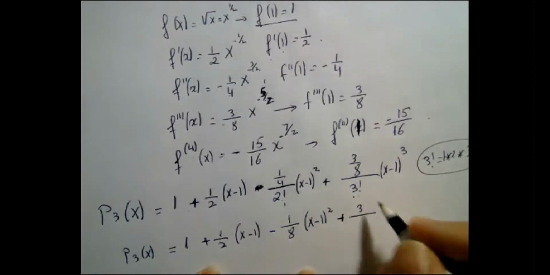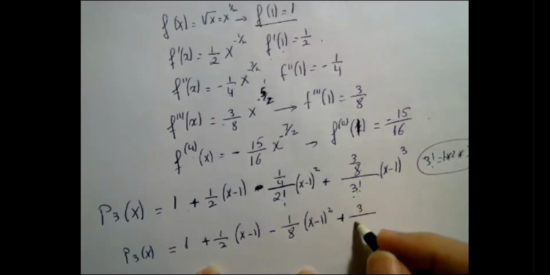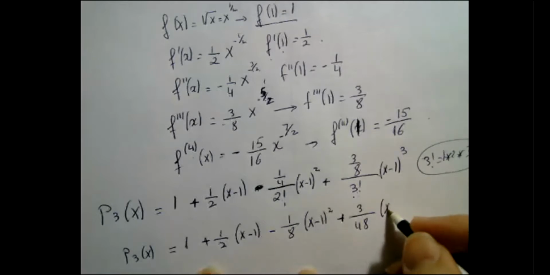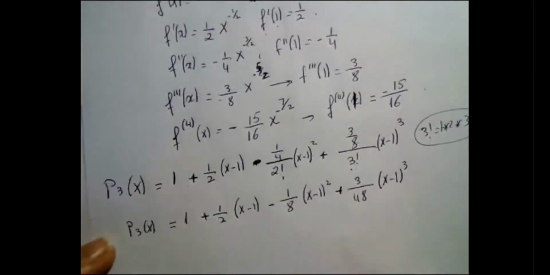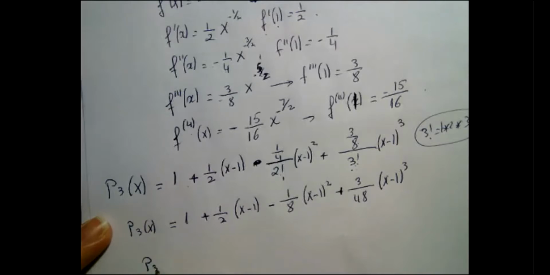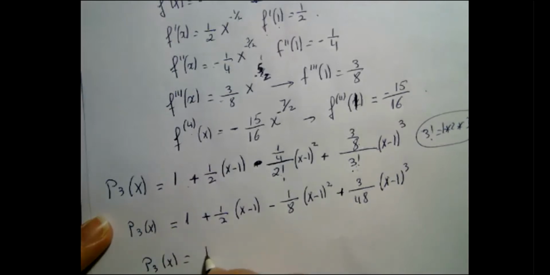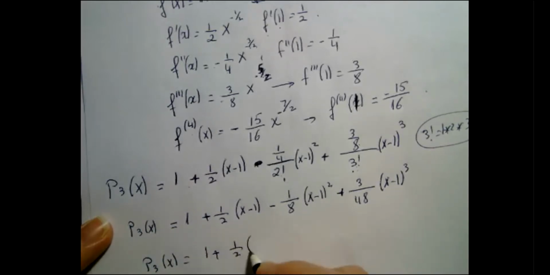I will have 3 over 8 times 6, which is 48, (x minus 1) to the power 3. Okay, so finally, P3, because we can simplify a tiny bit, that's my third degree.